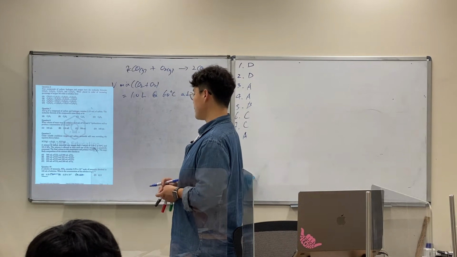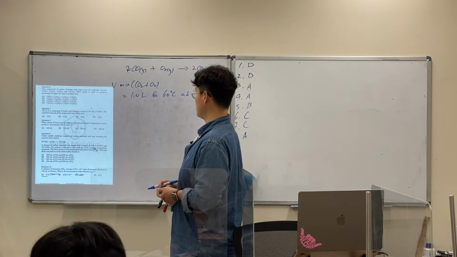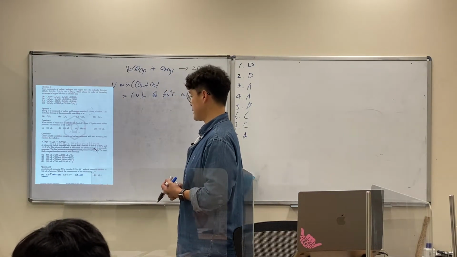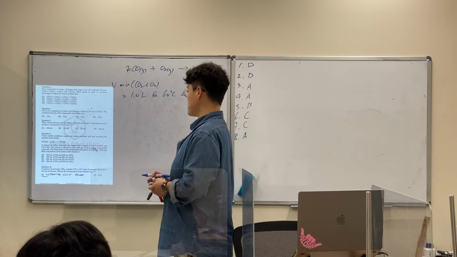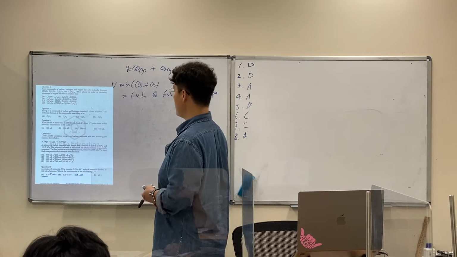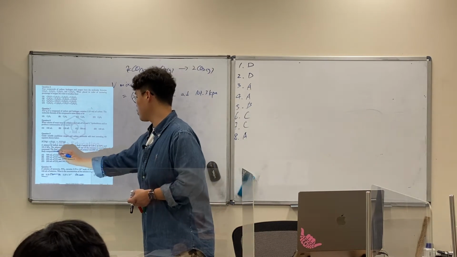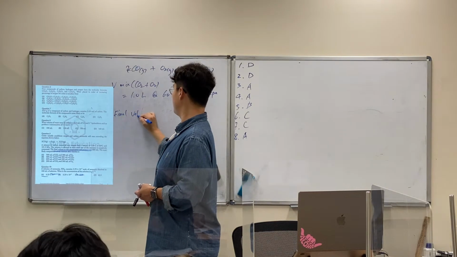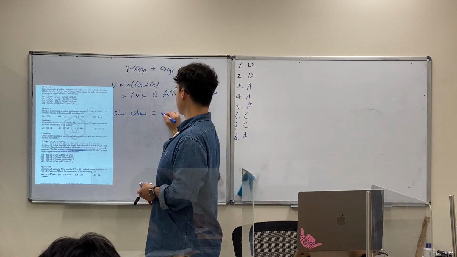They are allowed to react until one of the reactants is completely consumed. So we don't know which will be consumed and which will be left over, so it doesn't really matter yet. The final volume at this temperature and pressure was 800 mils. So what happened here is that the final volume after the reaction decreased to 800 mil.